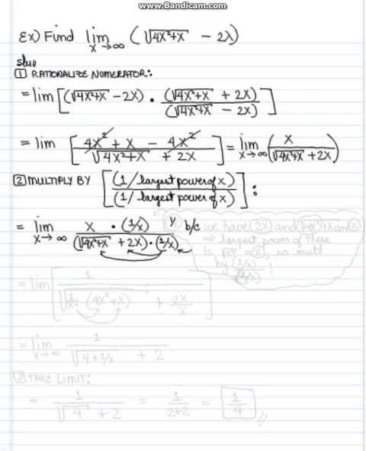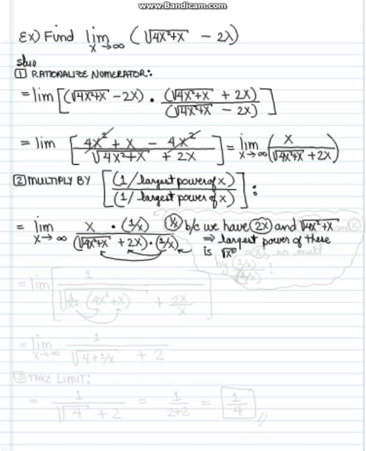Why did we choose 1 over x? Why is 1 over the highest power of x 1 over x to the first power? It's because what do we have to choose from in the function that we started with in step 2? We have 2x, we have the square root of 4x squared plus x, and we have x to the first. Well, 2x, the highest power is the first power, and x to the first, the highest power is the first power.